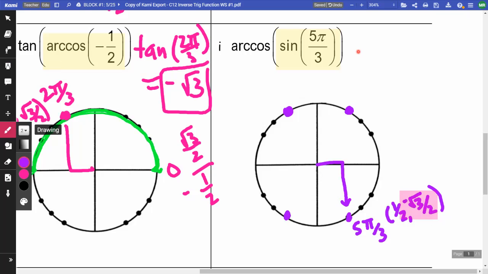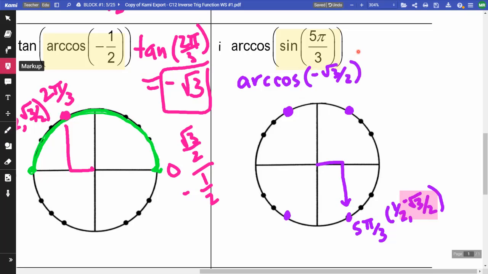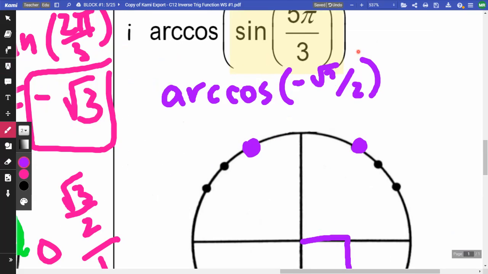So this problem is going to boil down to this. This is really arc cosine. And the arc cosine, I'm trying to find an angle of this value, this negative root 3 halves, because that's what the sine of 5 pi thirds is. So what I'm highlighting in yellow is the same as the one above. And let me just make my 3 look like a 3. Zoom in a little bit.